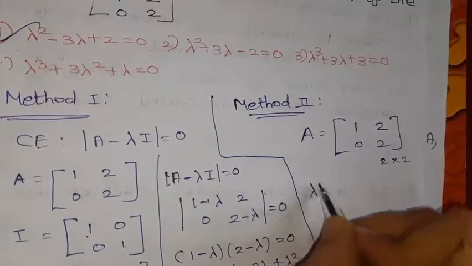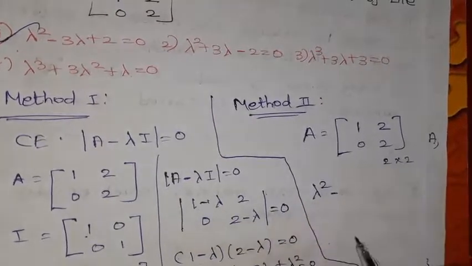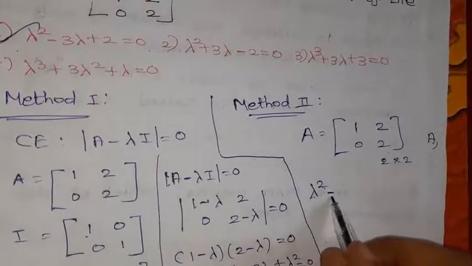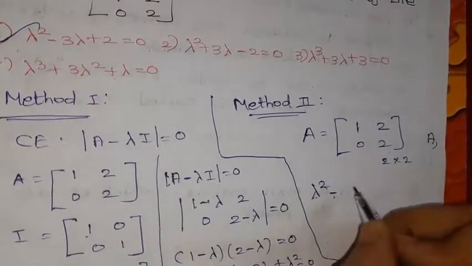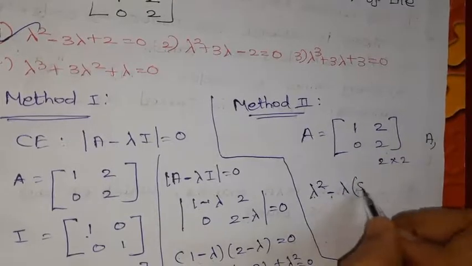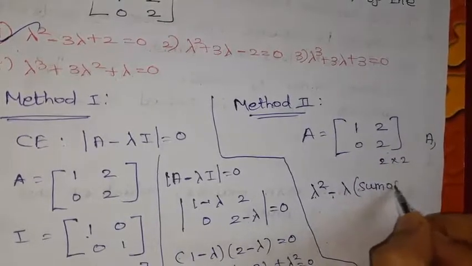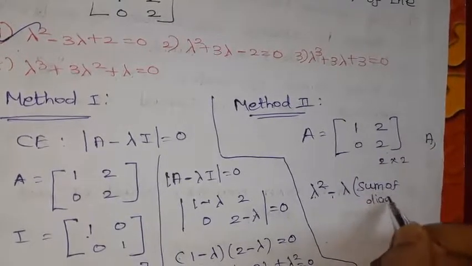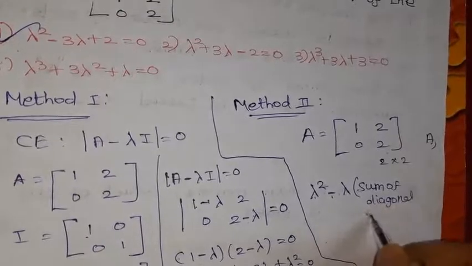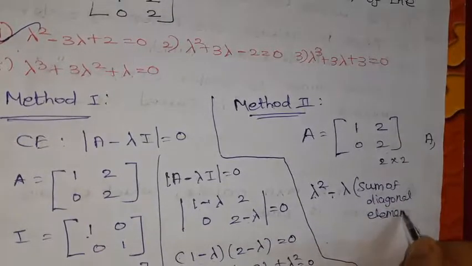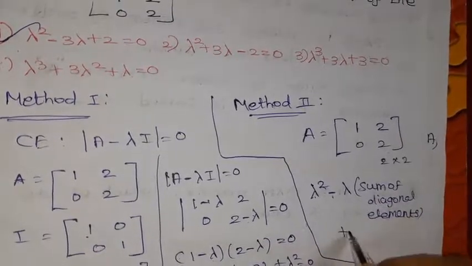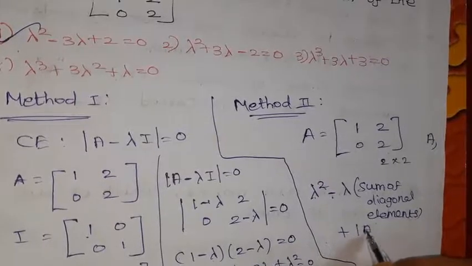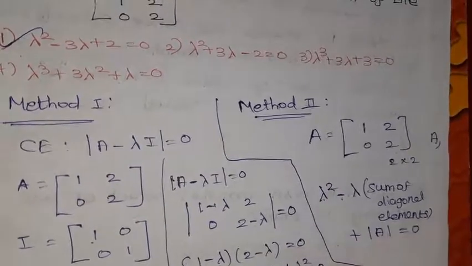Lambda squared minus lambda into the sum of diagonal elements plus determinant A equal to 0. So this is the procedure.